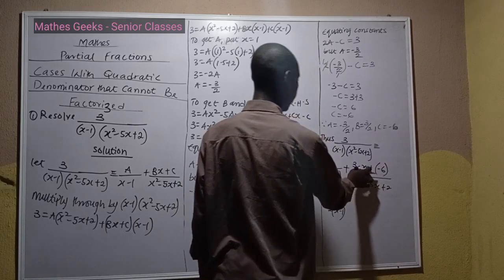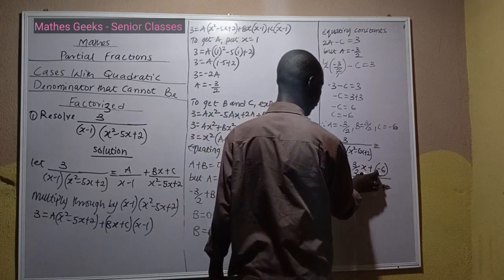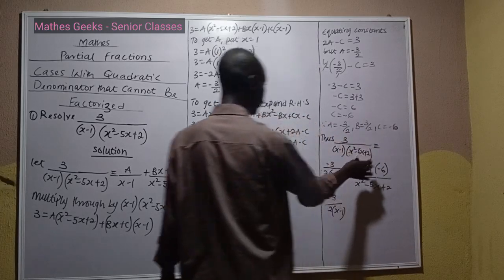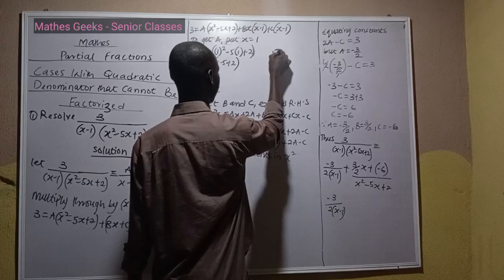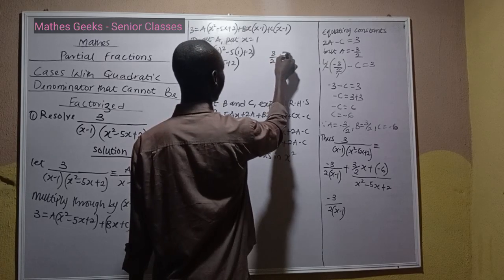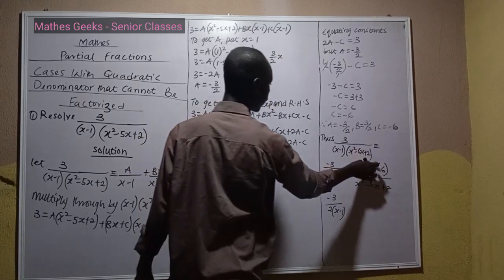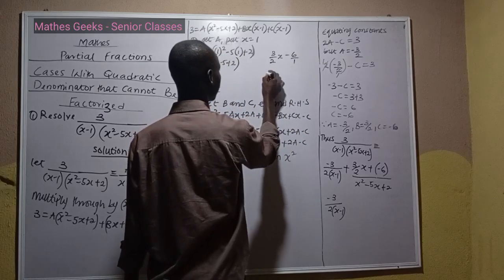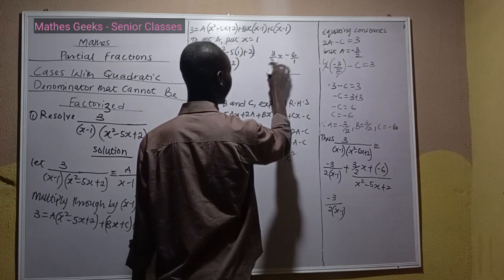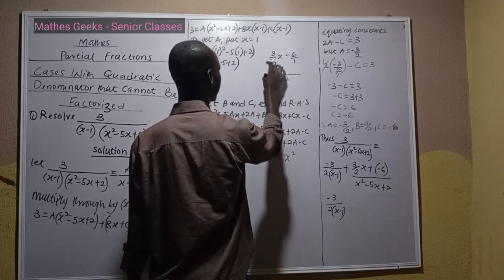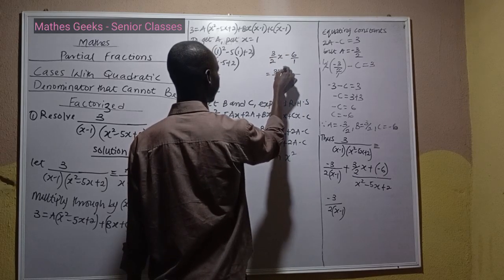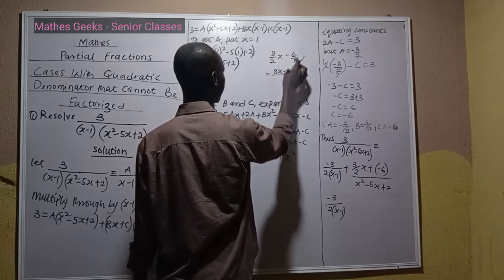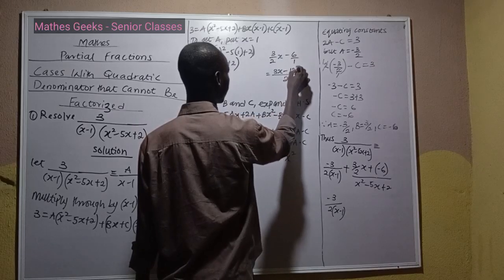So we simplify this part, the denominator. This is 3 over 2x plus, times minus, is minus 6 over 1. So the LCM is 2. 2 into 2 is 1, 1 times 3 gives us 3x, minus 2 into 1 is 2, 2 times 6 is 12.